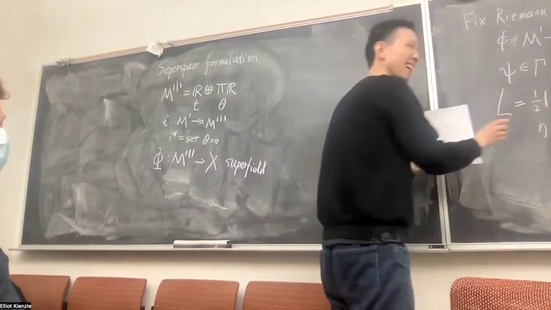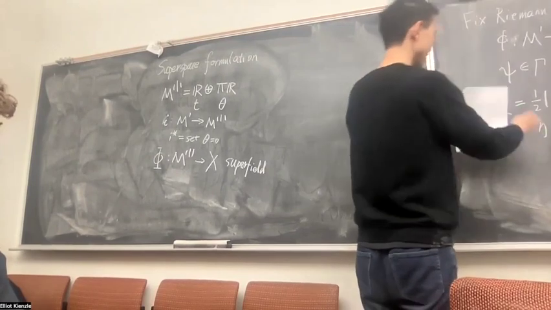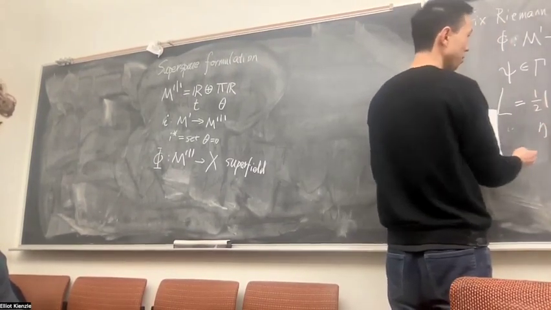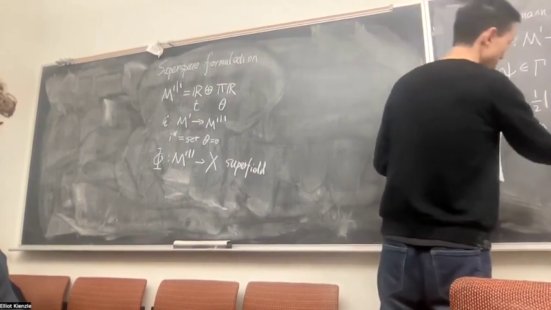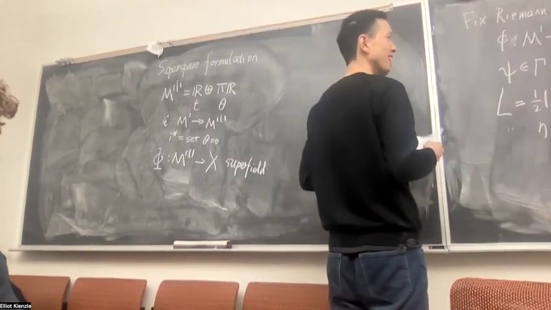That's why we need this eta. You want to keep things even, so if you want to change phi by some even things, but phi is going to be odd, you need to multiply by some other small odd parameter.